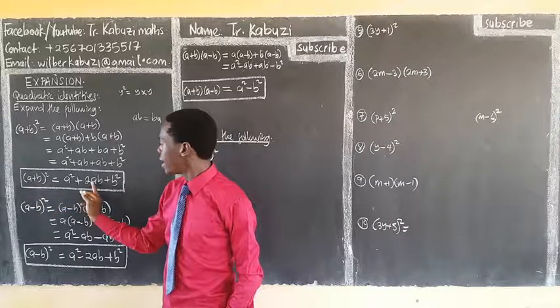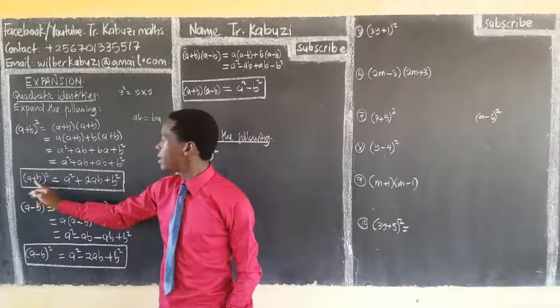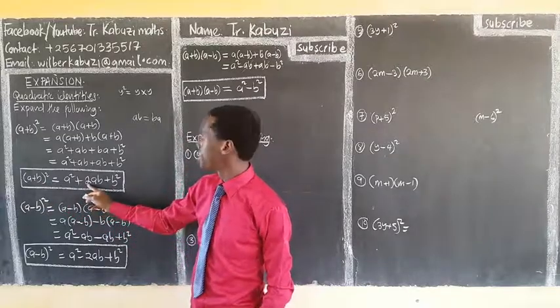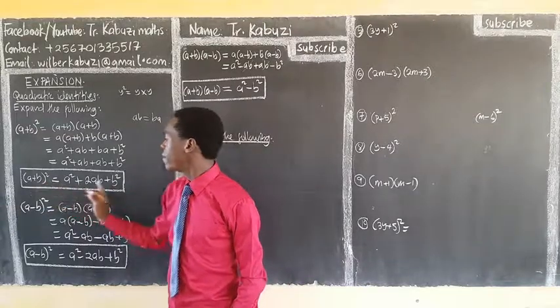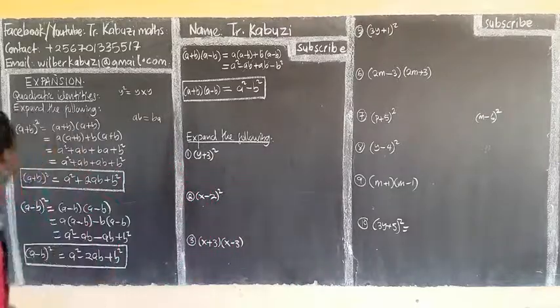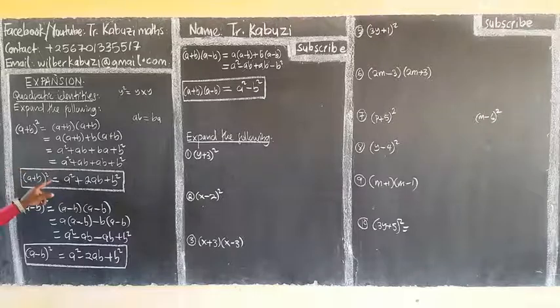Then they are getting ab, multiplying a times b, and then multiplying it with the 2, then they are squaring the last term. In simple terms, if you are given such a number, the whole square, you square the first term, you multiply the first and the second, then you double it, then you square the last term.